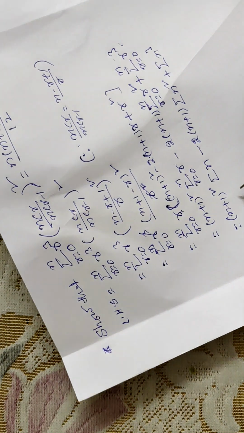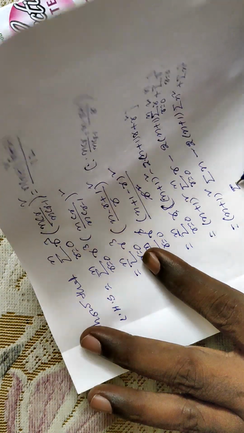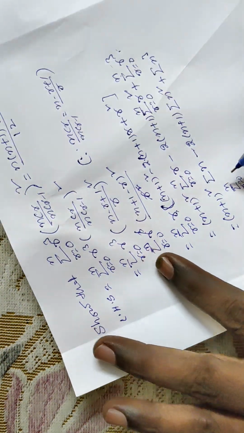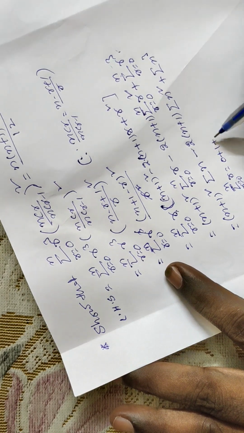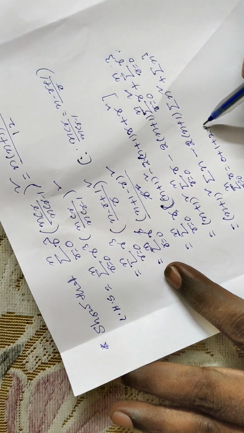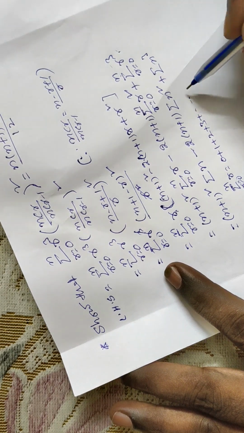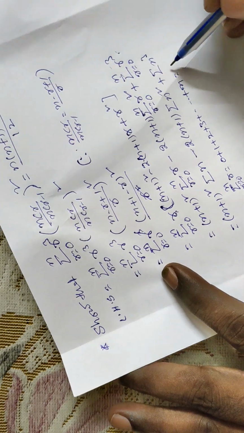Therefore, sigma r equal to 0 to n, sigma r is 0 plus 1 plus 2, r equal to 1, r equal to 2, r equal to 3 plus and so on, r equal to n, we get plus n, that is sigma n.